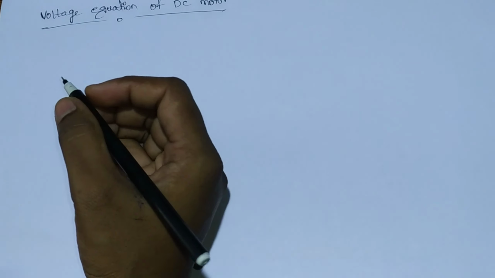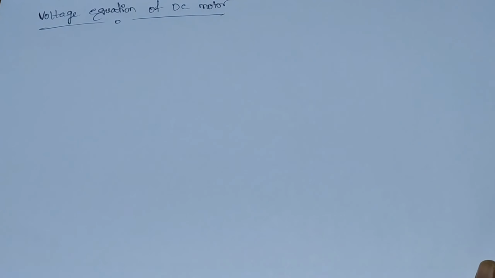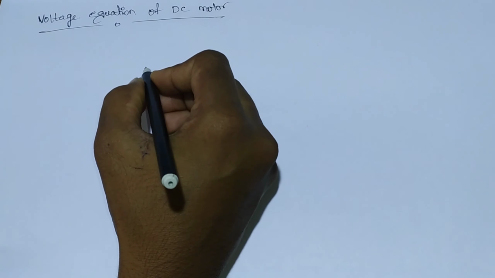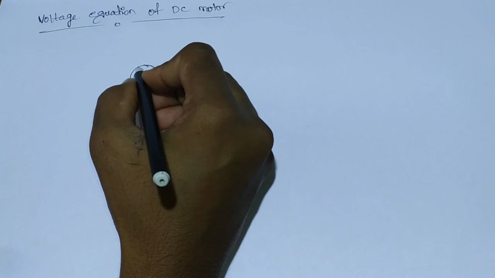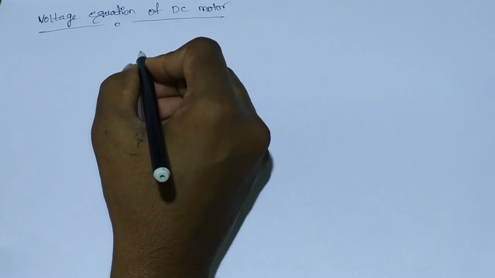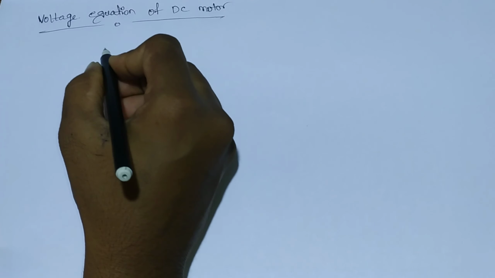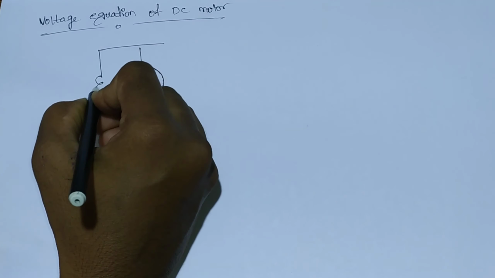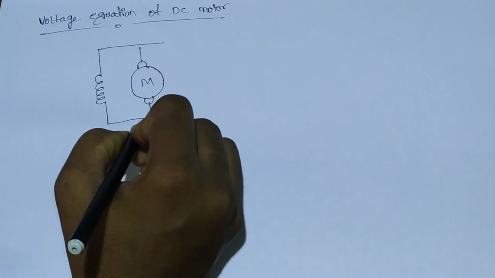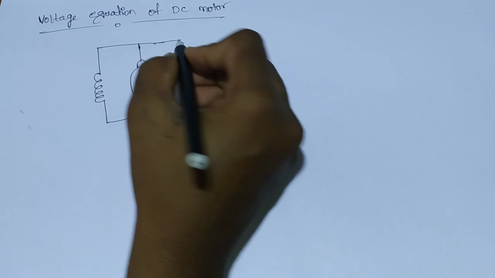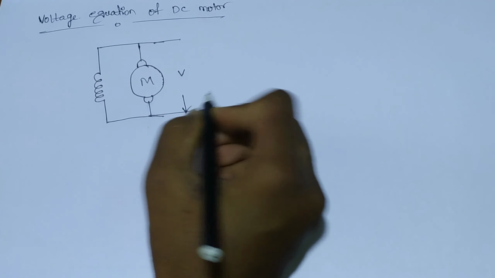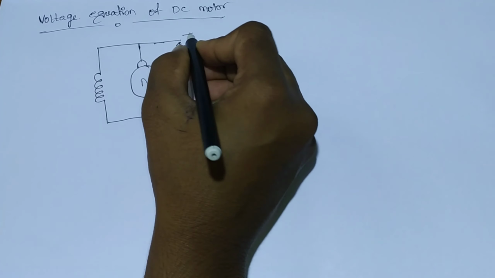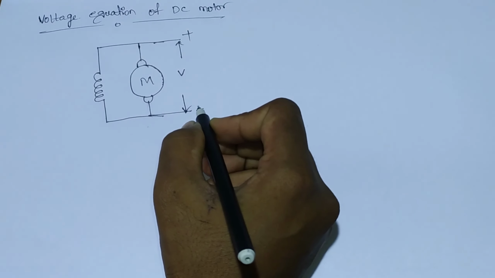For this I am considering a DC shunt motor. I am drawing it here. So this is the motor, this is the shunt field winding, and this is the supply V, with the respective positive and negative terminals.